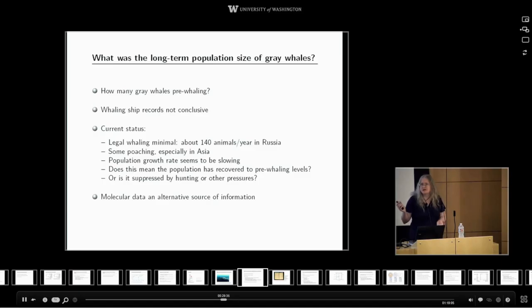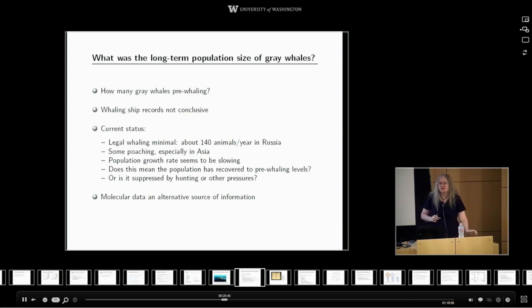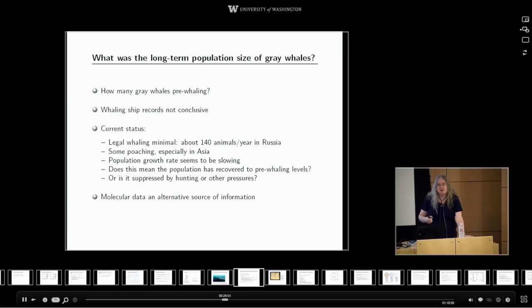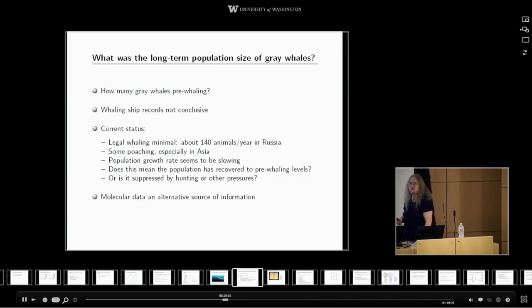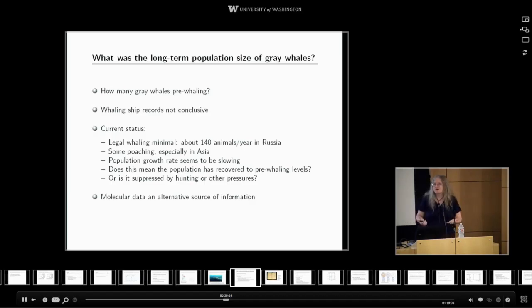One of the reasons I really like co-author Steve Palumbi is he did a beautiful piece of espionage where he pocketed a DNA testing kit and went on vacation to Japan and bought legal whale meat in supermarkets across Japan and ran it through his little pocket testing kit and found that quite a bit of it was not what it was supposed to be, and a certain percentage was species that it is not legal for the Japanese to hunt. There was a big fluff, understandably, about this, and I hope that it's led to some tightening up by the Japanese government on what they're allowing to be whaled.